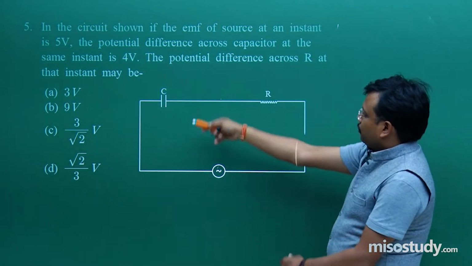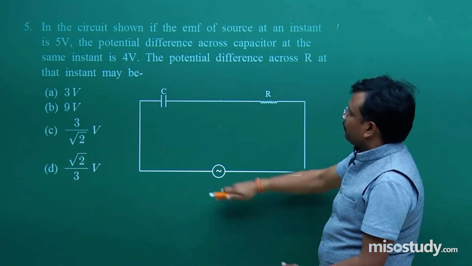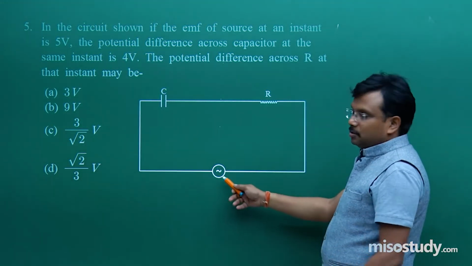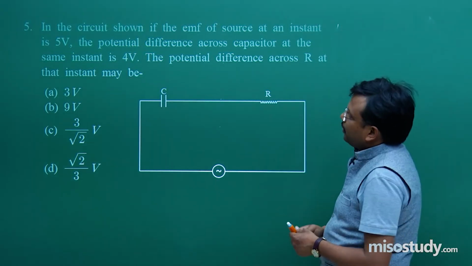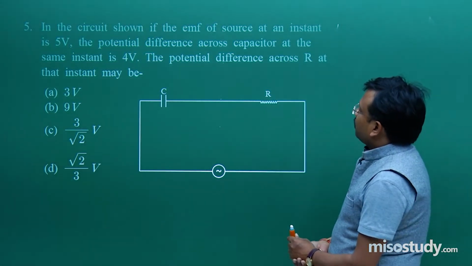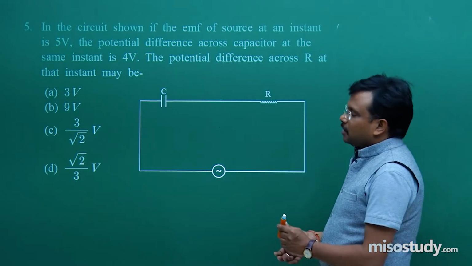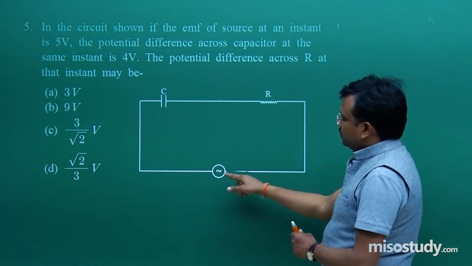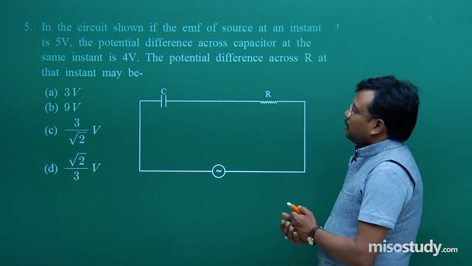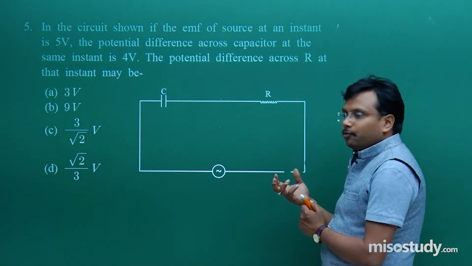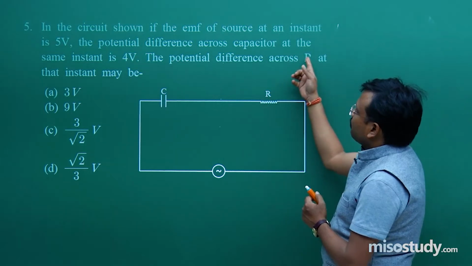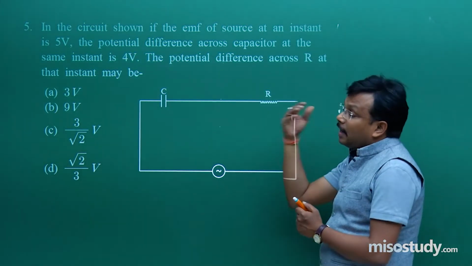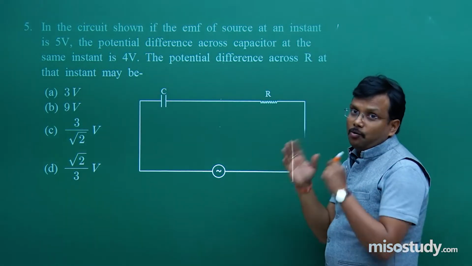In the circuit shown, if the EMF of source at an instant is 5 volt, the potential difference across the capacitor at the same instant is 4 volt. So when the instant applied voltage is 5 volt, then the capacitor has this much voltage. The potential difference across the resistor at that particular instant is how much?